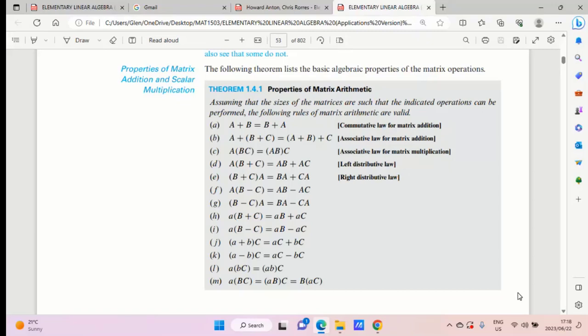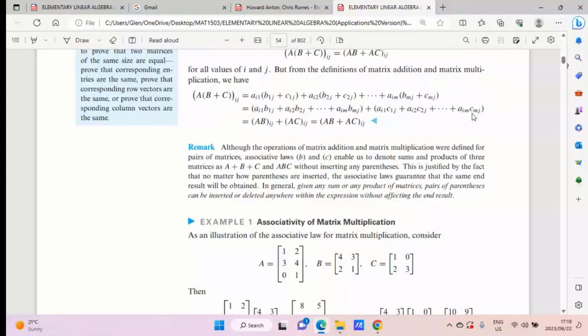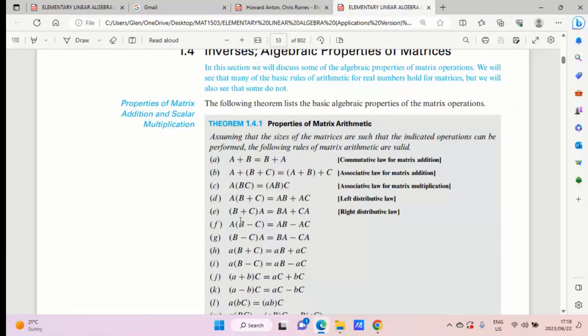So I have to say A multiplied by bracket BC, which is on the left hand side. We are using number C. Yes, sir. I'm going to multiply A by BC. We are using number C from here.